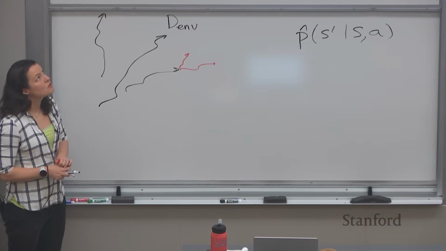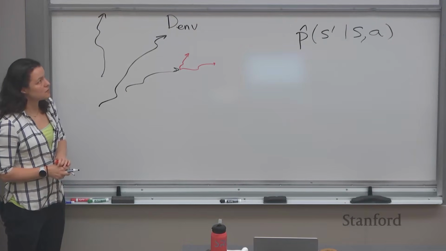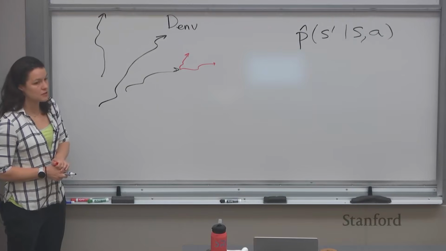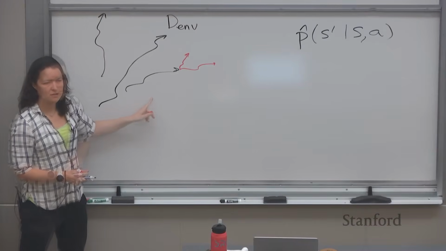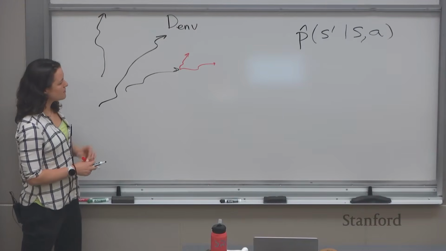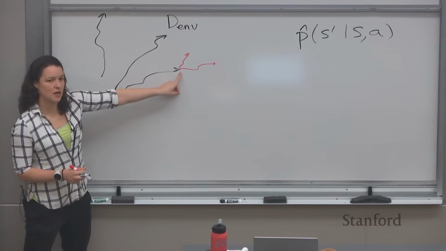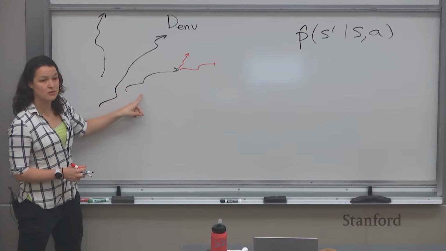Yeah. So something like Dagger, where you take the first part that's run by the policy and then the second part that's from the model. So it's similar to this maybe, but maybe you do it earlier. Is that what you're saying? Yeah, so you don't just have to start at the end. You could also start anywhere in the middle as well.